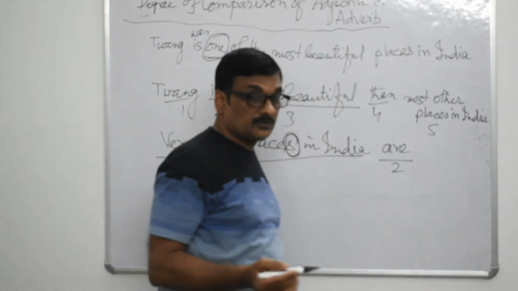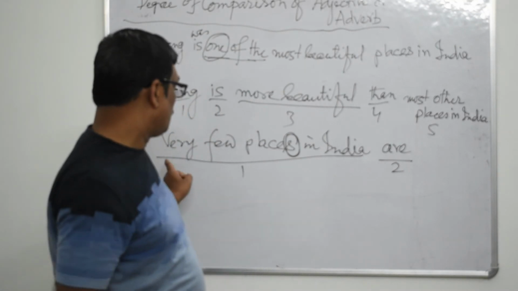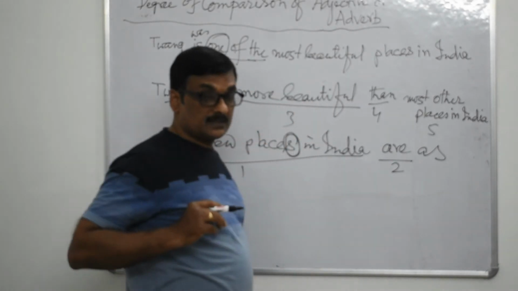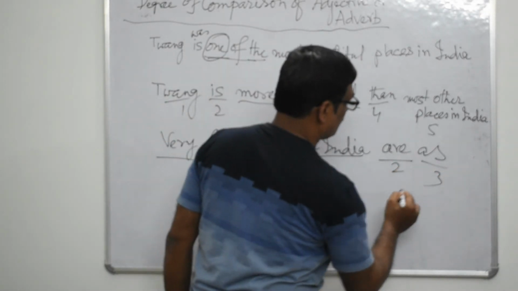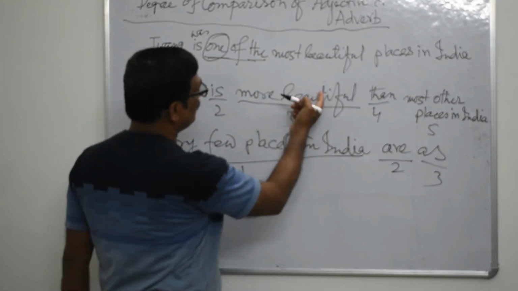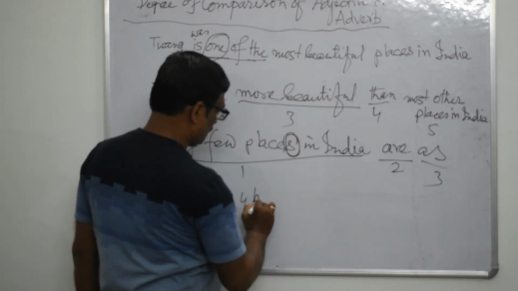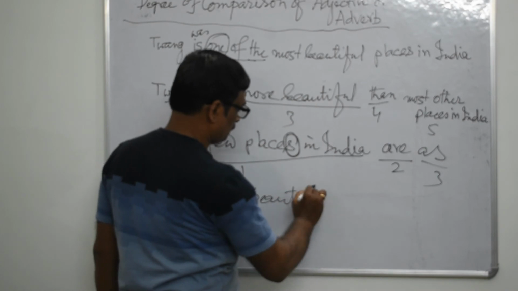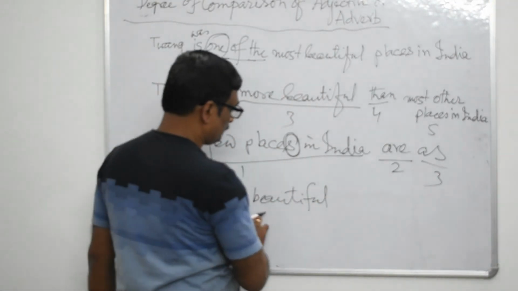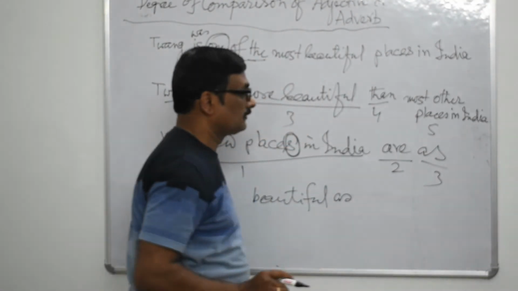Number three, as we know, in the positive degree: "very few places in India are as". "As" is used. Number three, "as" is used. Number four, the positive form of the adjective. "Beautiful" is the positive form of the adjective, "more beautiful" is the comparative, so: "are as beautiful as".